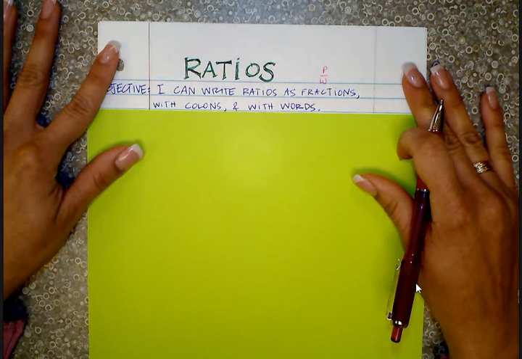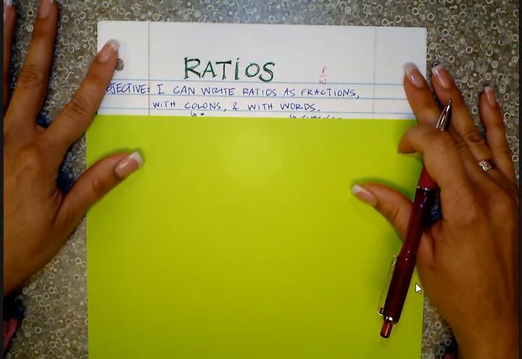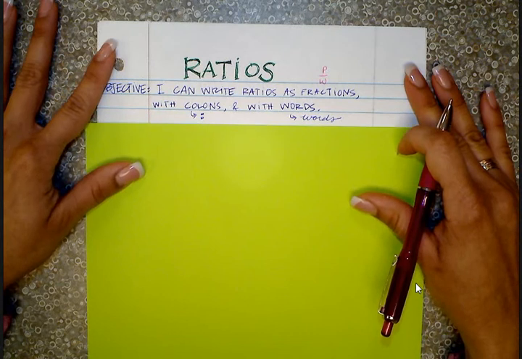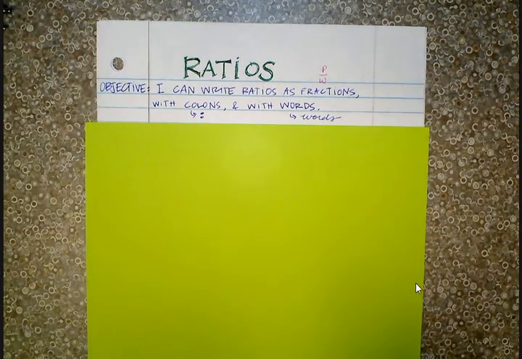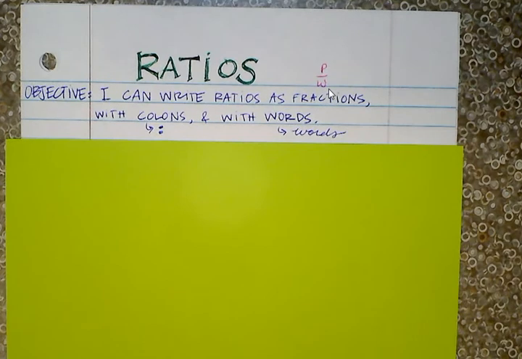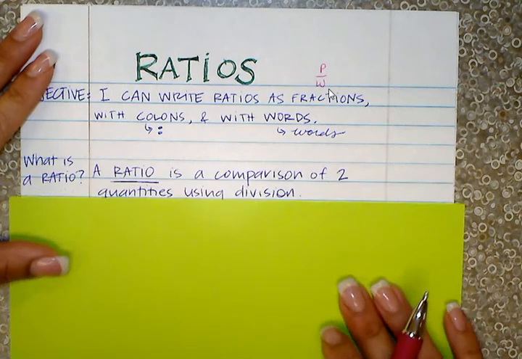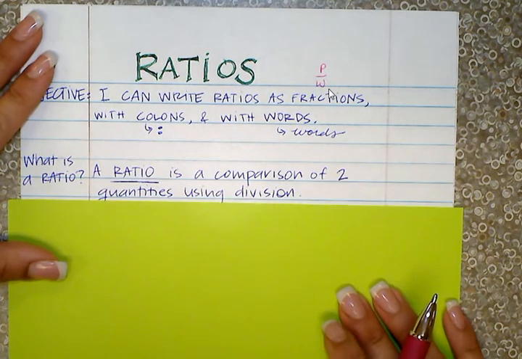You've heard colons in English, and a colon is just the 2 dots. And with words, I know you know how to use words, because you use words every day.